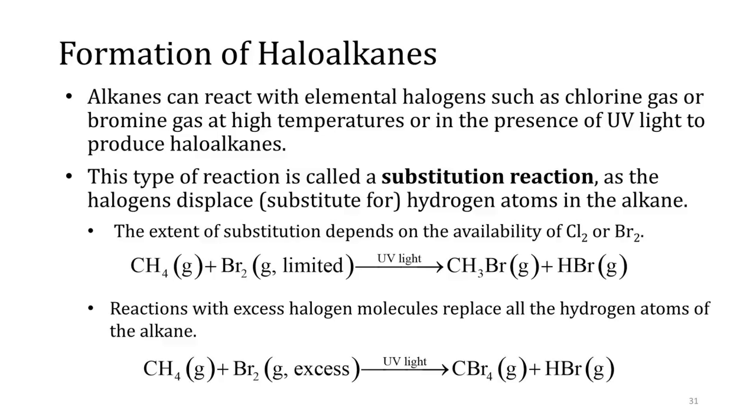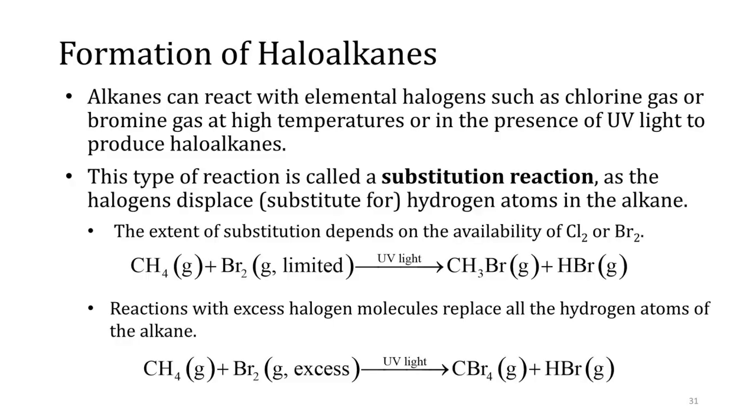We call the reaction between alkanes and halogens a substitution reaction, because a halogen substitutes for a hydrogen in the system. So here we've got one where we're not using a spark or heat, we're using ultraviolet light. So we use high energy light to break the carbon-hydrogen bond and to get the reaction going.